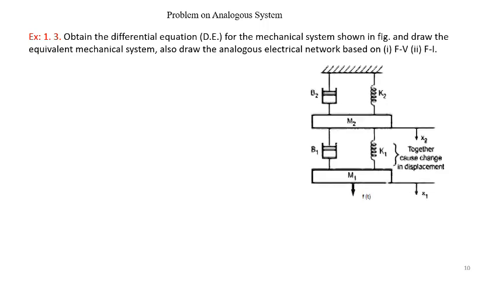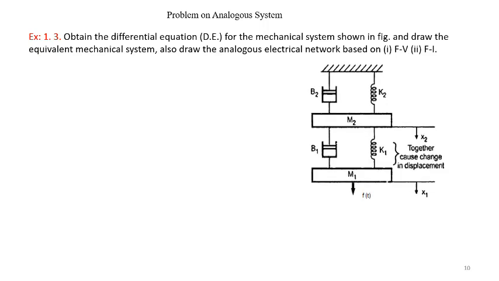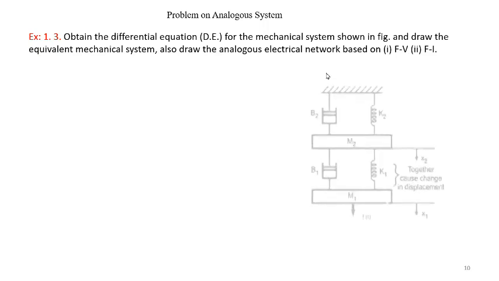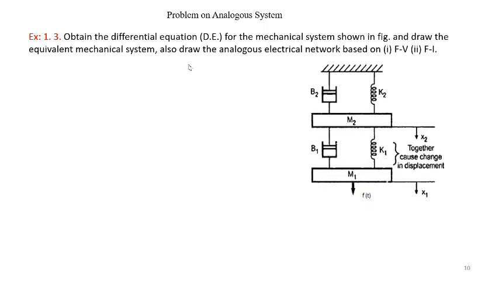Let's begin. The diagram given for the mechanical system is as shown in the figure. Here we have two masses M1 and M2 and a reference. For mass 1 we have the input force F of t and displacement x1, and for mass 2 we have the displacement x2.